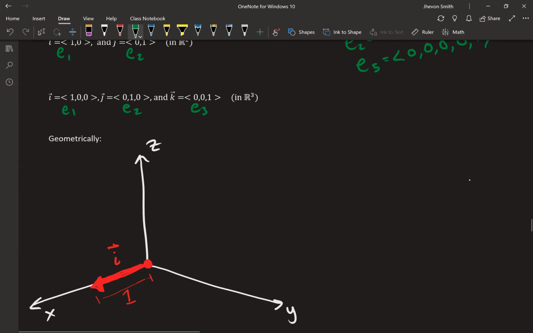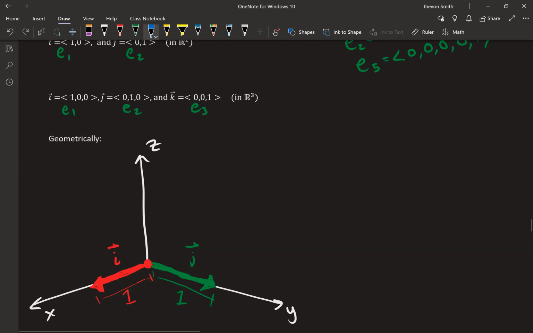Then you could also have what's called the j vector. That guy runs along the y-axis. Again, he has length 1 and we call him j.